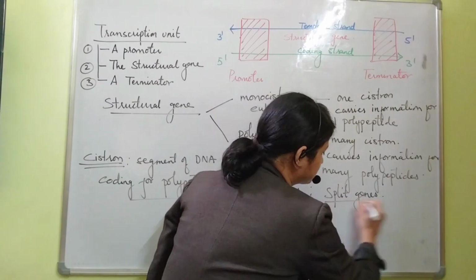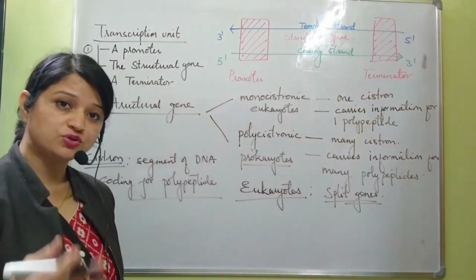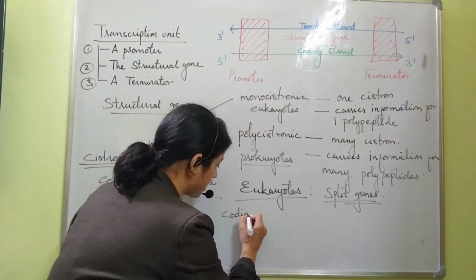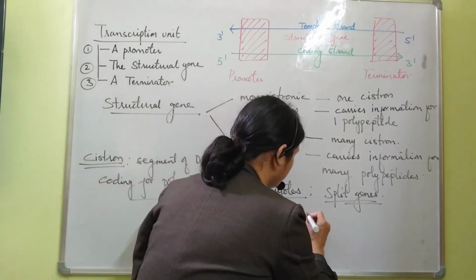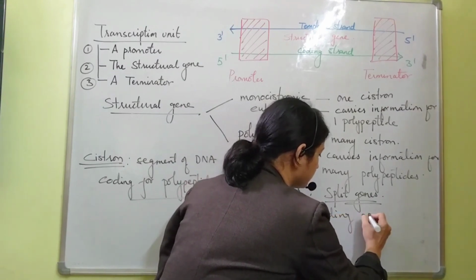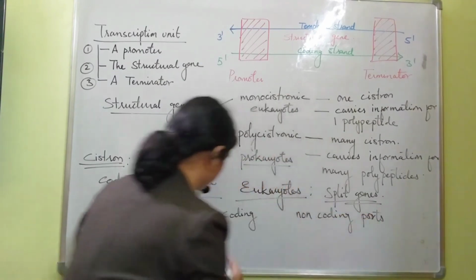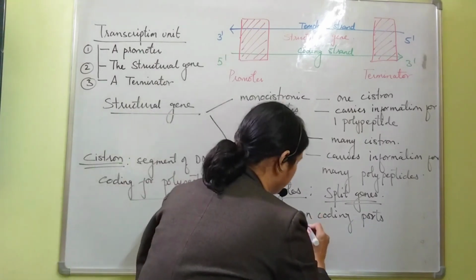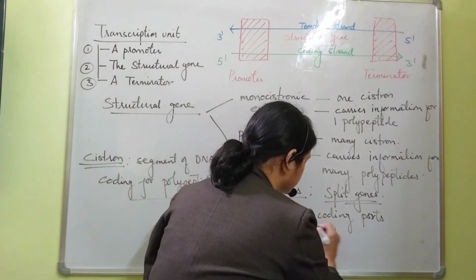Now what are these split genes? Split genes are those genes which contain the coding as well as non-coding parts. Coding parts are known as exons and non-coding parts are known as introns.